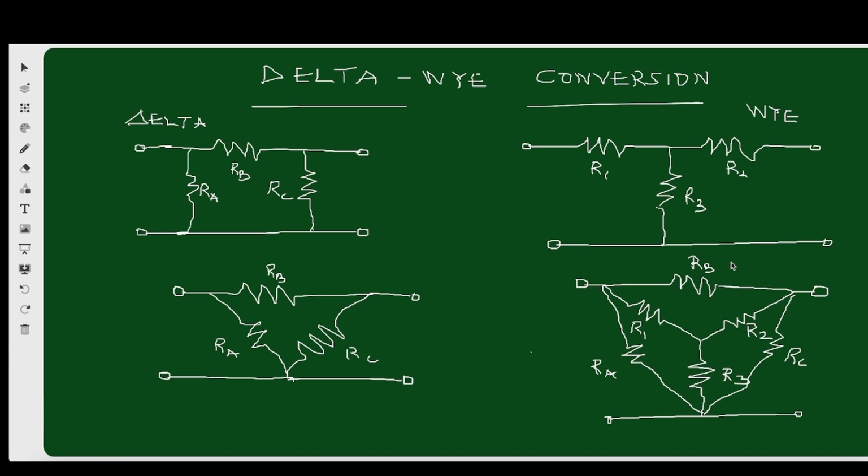What will be RB? RB will be divided by R3. That is, RB equals R1 R2 plus R2 R3 plus R3 R1 divided by R3. And what will be RC? RC will have the same sum divided by R1, because R1 is opposite to RC.